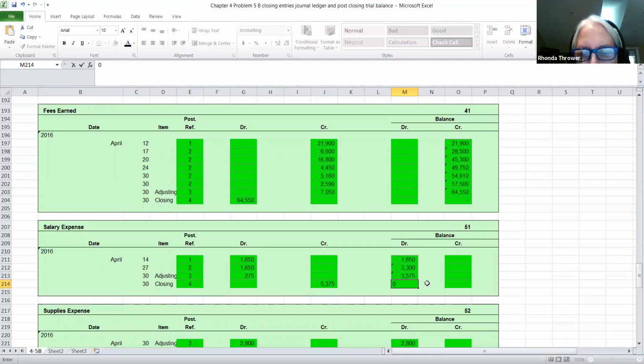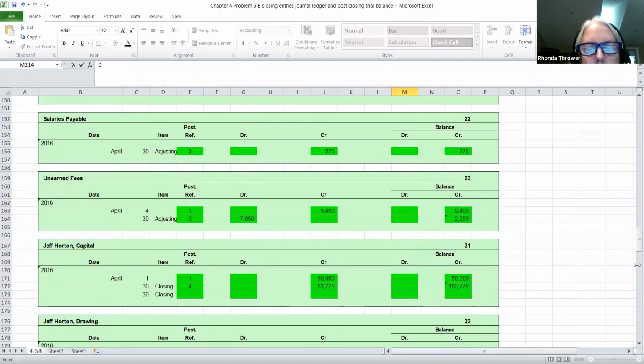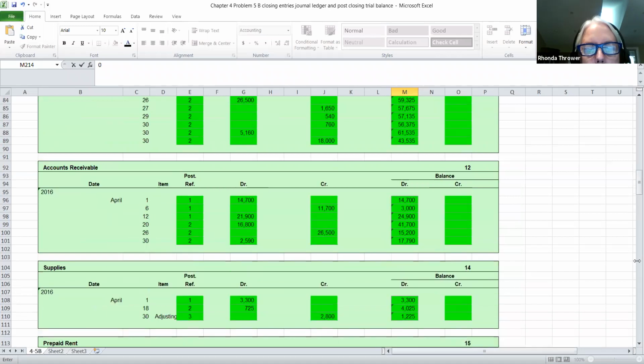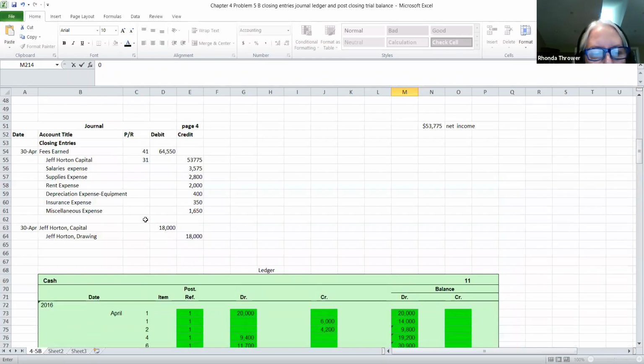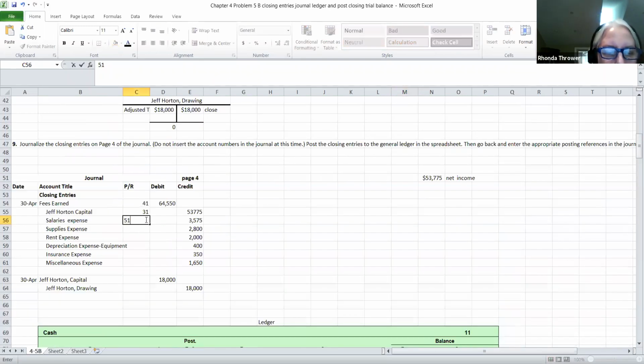Remember, your expenses are closed, so at the end of the month, they should have zero balances in them. Pick up your 5-1. And I'm going to put that right here.